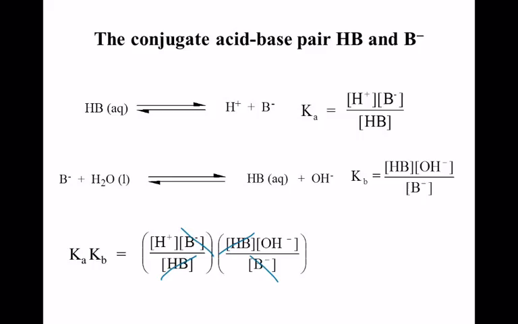And of course, what we're left with is equal to Kw, isn't it? In dilute aqueous solutions. I love it. Equals Kw. But that is a pair that differ by a proton.